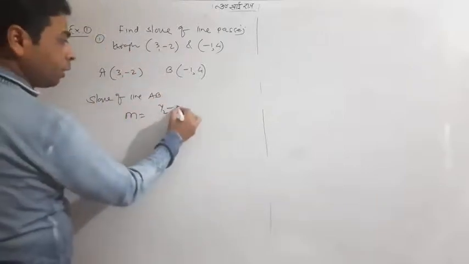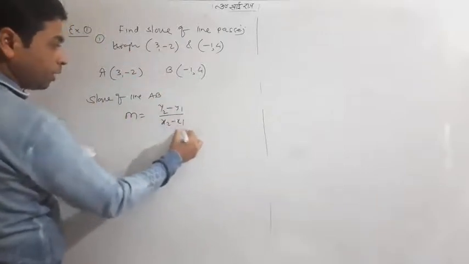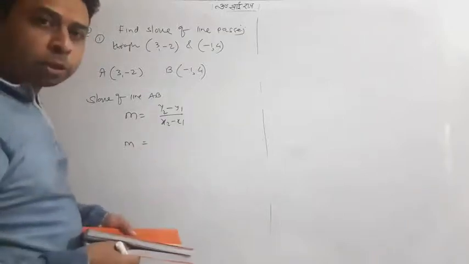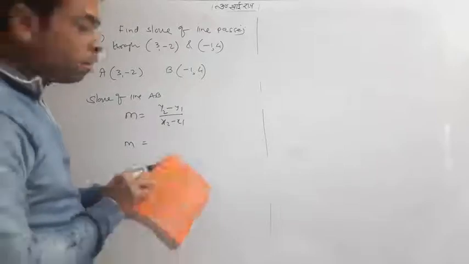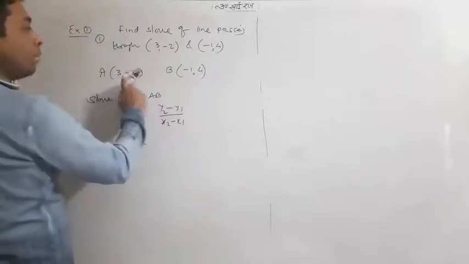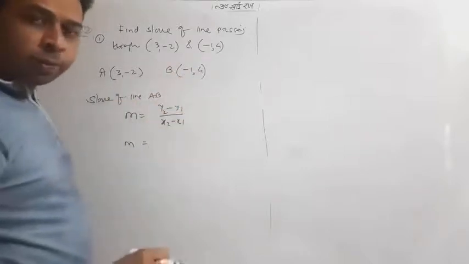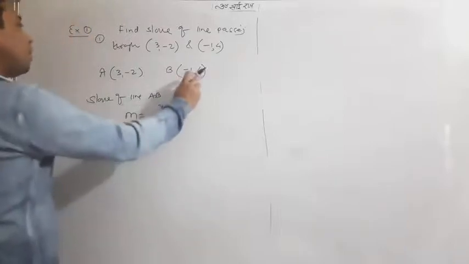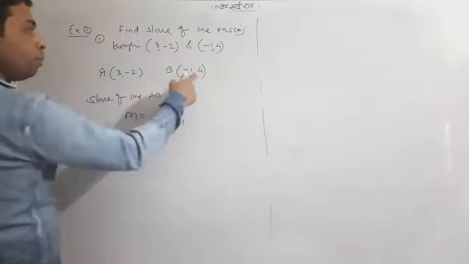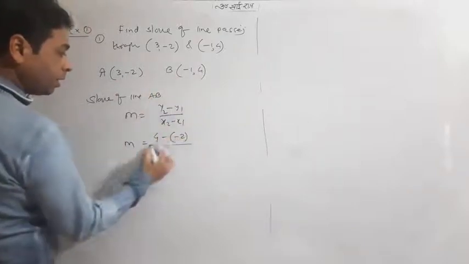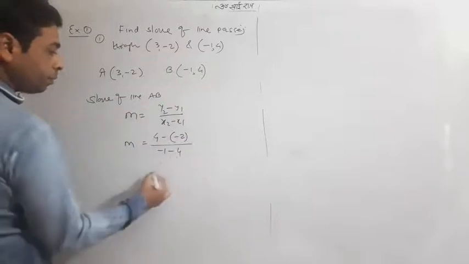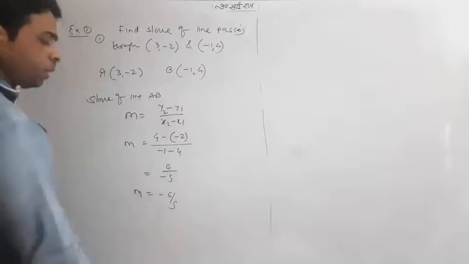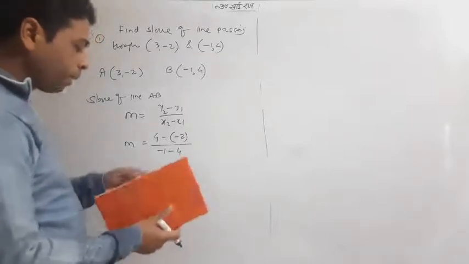So the formula is y2 minus y1 upon x2 minus x1. It is also important for class 12th, so please focus on this chapter properly. You can just write y2 minus y1, 4 minus minus 2, and x2 minus x1. This is going to be 6 and this is going to be minus 5. So your answer is minus 6 by 5. This is a very simple answer.